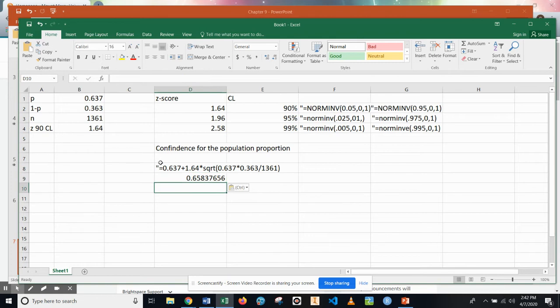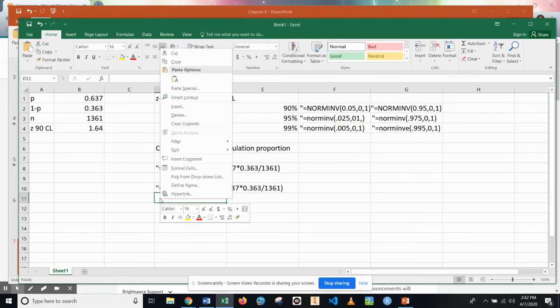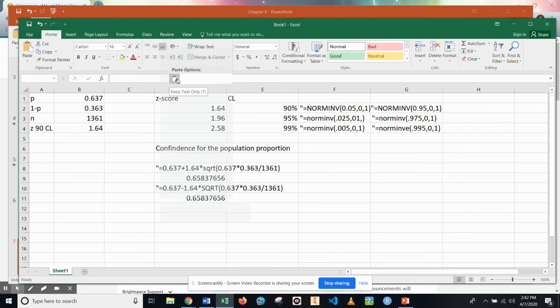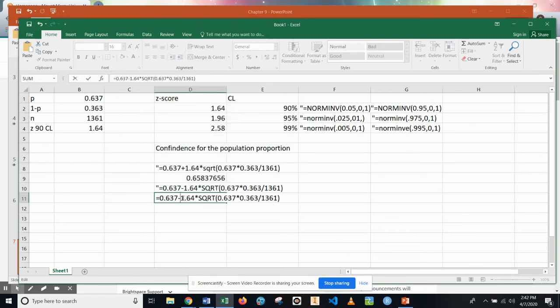And then I can copy all that, and I'm going to get my lower value by changing this to a minus. And then I have my interval.